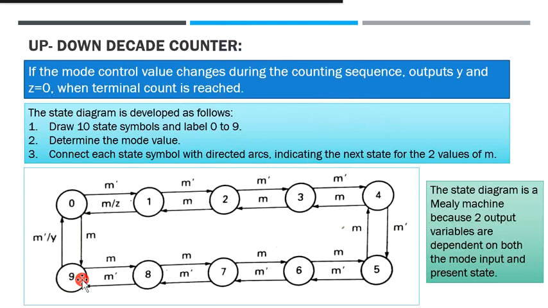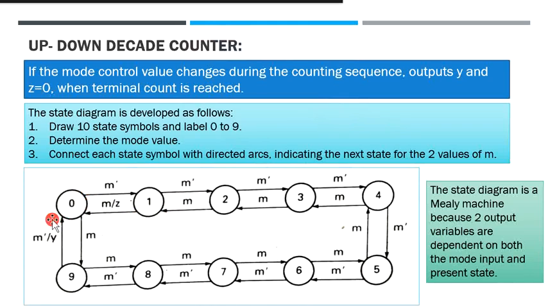The next step would be to connect each state symbol with a directed arc, as you can see here, indicating the next state for the two values of m. If you observe, m equal to 0 is indicated as m dash in this particular diagram, and the arc is directed in the upward direction, whereas m corresponds to m equal to 1 and the arc is in the downward direction.